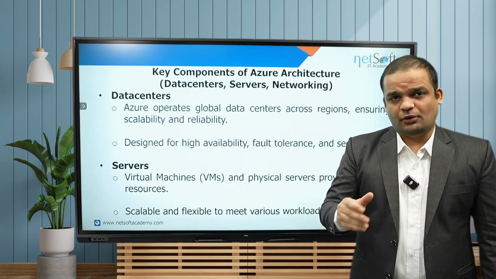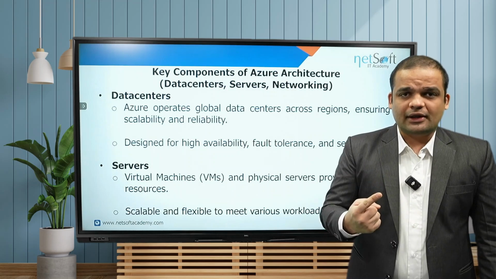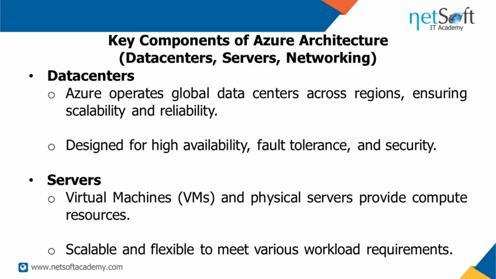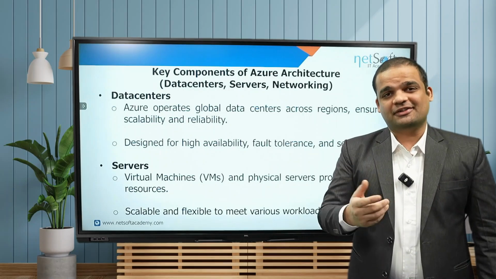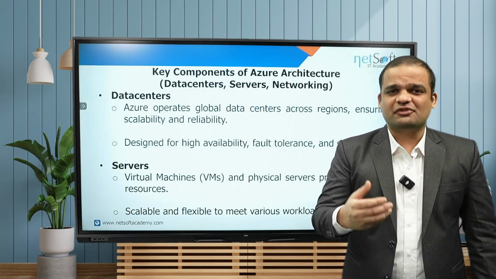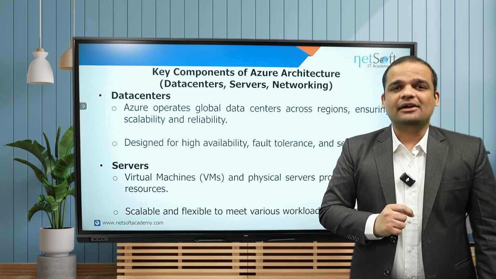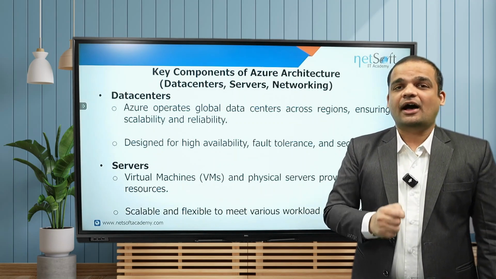So let's break them down. The first one is data centers. These facilities form the backbone of Azure, hosting the physical infrastructure needed to run the services which you are using. These are designed for scalability, fault tolerance, and high security.